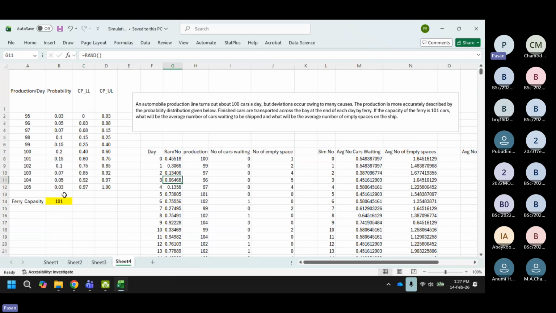Then I want to decide the exact value I get from here, based on the probability value, checking the cumulative probability, and whether it belongs to any of these categories. So if I get 0.455, that's going to belong to this category here, right?